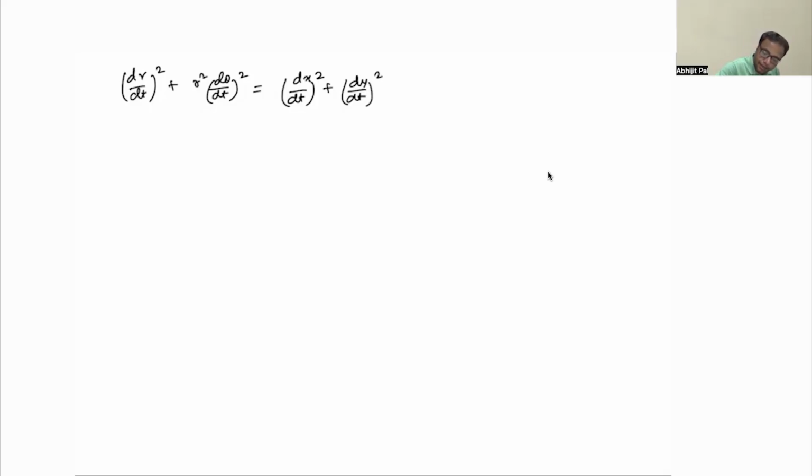And this is equal to (dx/ds) square plus (dy/ds) square multiplied by (ds/dt) square. Okay. So now, ds/dt is equal to what? From here, you can get the length of this gamma.